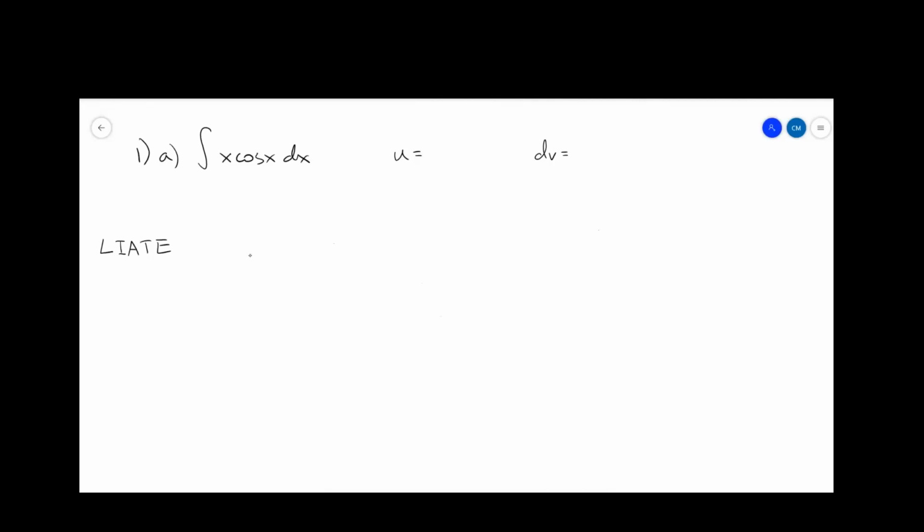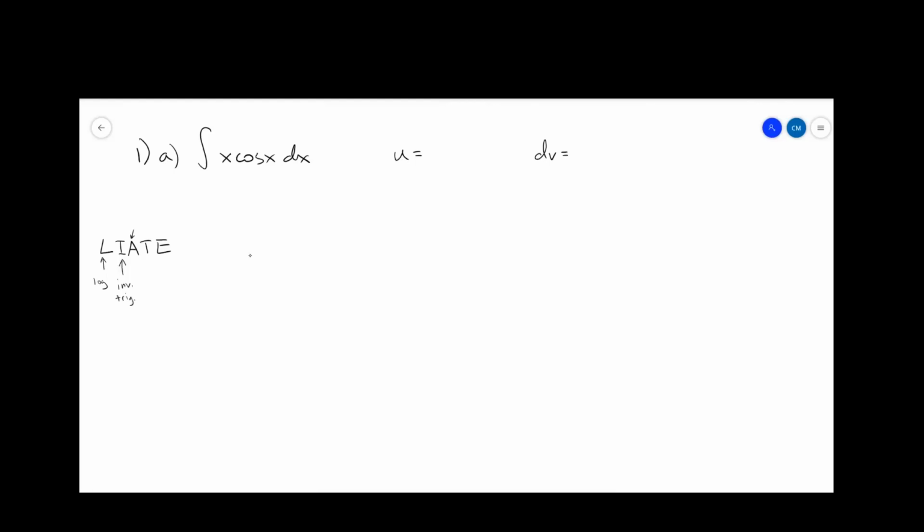What do the L and the I and the A and the T stand for? L, logarithmic functions. That's the first thing on the list. If you have any logarithmic functions in your integrand, that would be what you'd want to make u be. I, inverse trig functions. If you don't have any logarithmic functions, but you do have an inverse trig function, then that would be your choice.